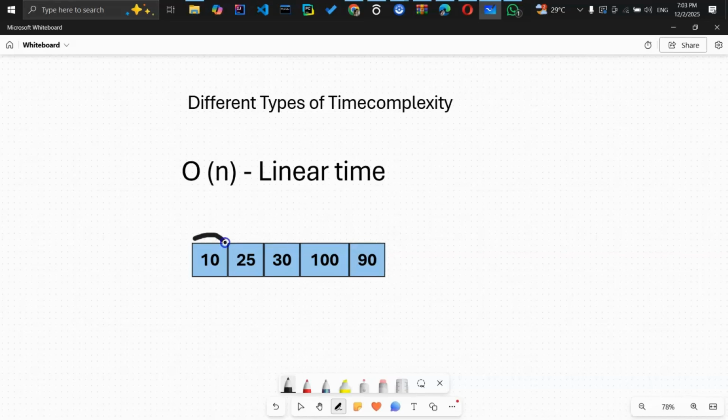No. Then move to next. 25 is not equal to 100. 30 is not equal to 100. 100 equals 100. That time you found it. This is linear time, simply we can say.